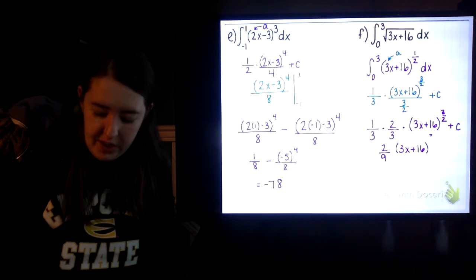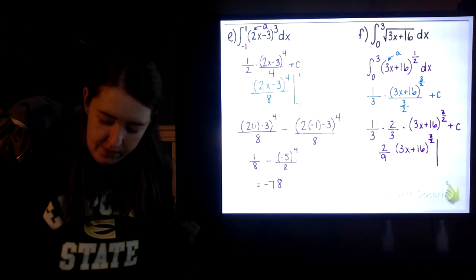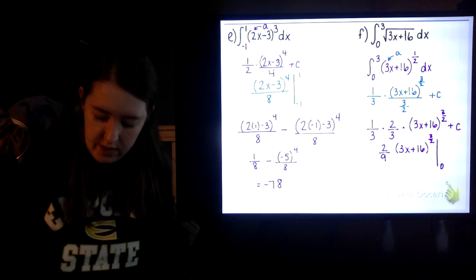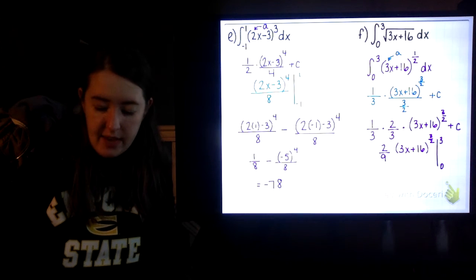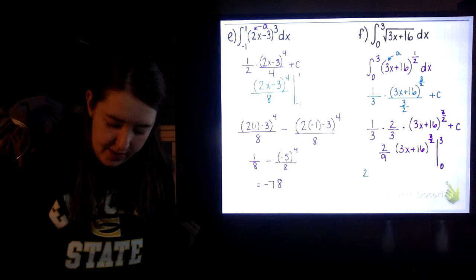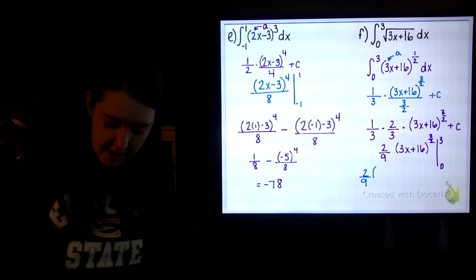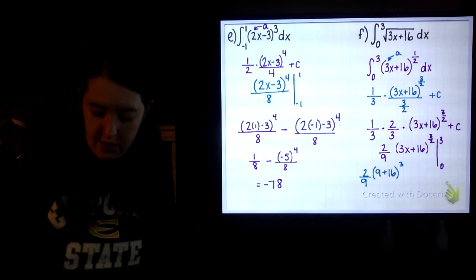And now we need to evaluate from 0 to 3. So the first thing we have to do is plug 3 into that. So we'll have 2/9 times 3 times 3 is 9, plus 16 to the 3/2 power.